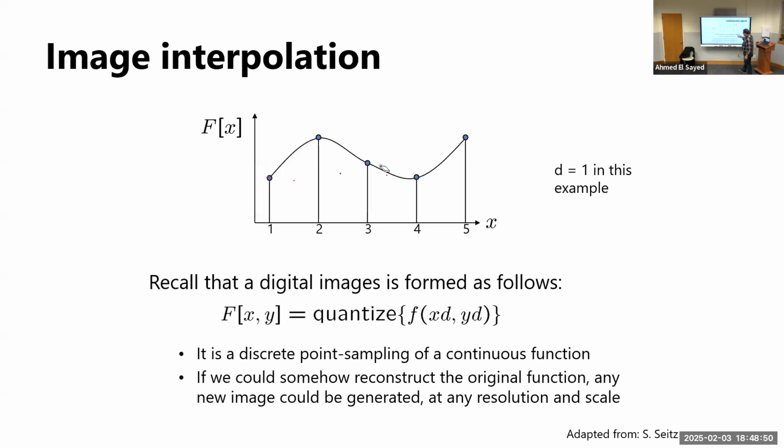Sampling means I'm choosing a specific value of y at a specific x value. So I'm getting the value at 1, at 2, at 3, at 4, at 5. I'm not getting any value in the middle.